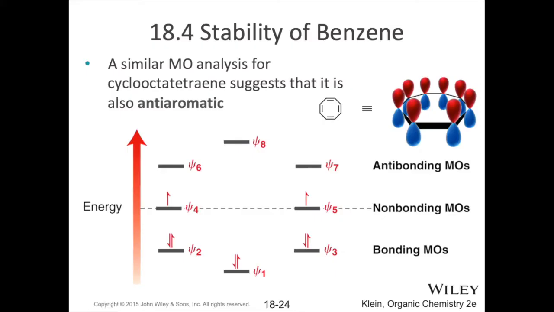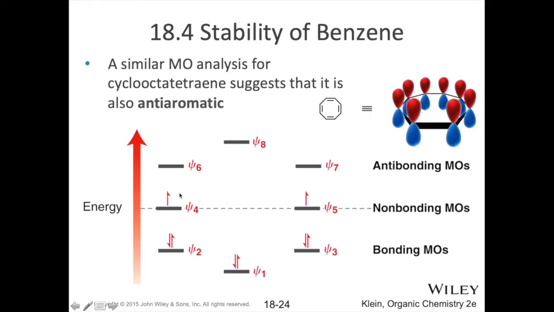Likewise with cyclooctatetraene, we have a similar problem, right? So here are all the molecular orbitals you'd have for cyclooctatetraene. Again, you have these non-bonding molecular orbitals in the middle here, and when you look at the 8 pi electrons that you have for cyclooctatetraene, 2 go into this lowest energy orbital, 4 go into these 2 degenerate orbitals, and that leaves 2 left over, and they are split between these 2.